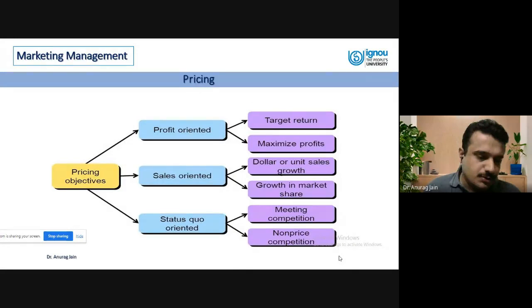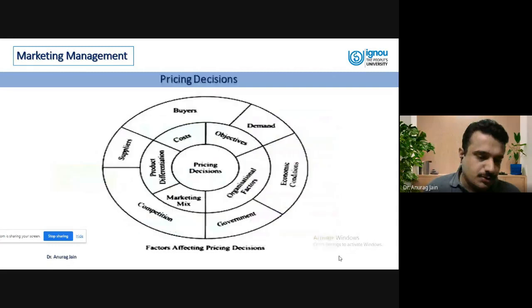So maybe you are not Apple, but you are someone who is known not only for price, but for your quality, for your durability. And pricing is going to be one of the reasons people will accept your products or services. So these are the three major objectives that can be achieved in terms of pricing. It can be profit orientation, sales orientation, or status orientation.